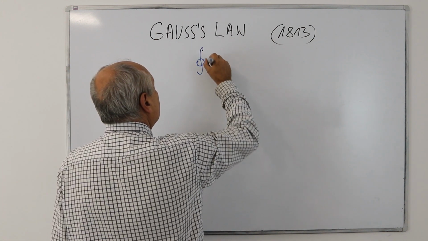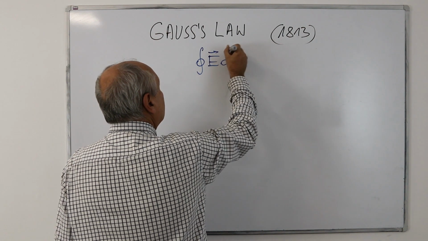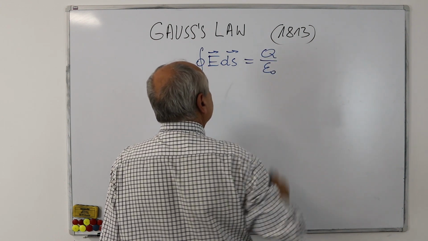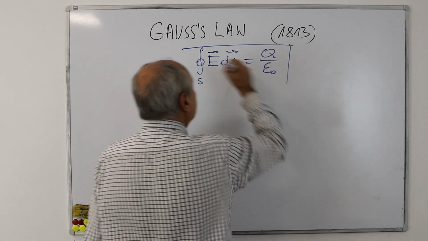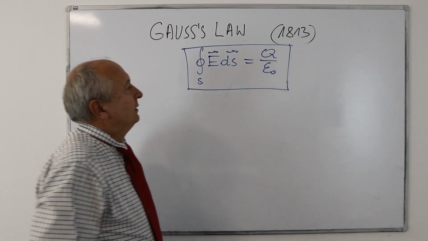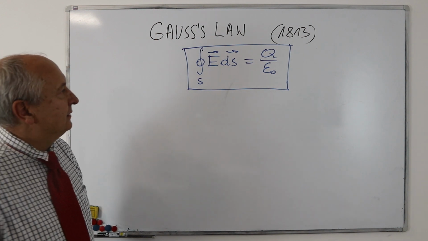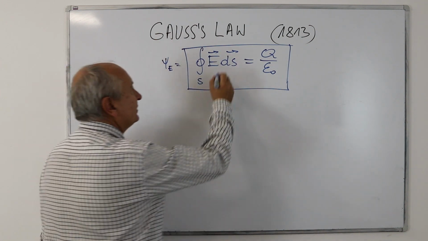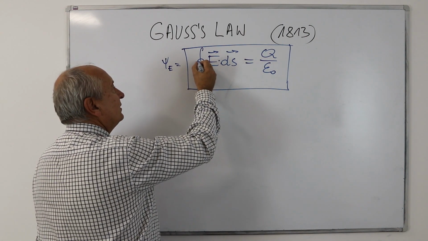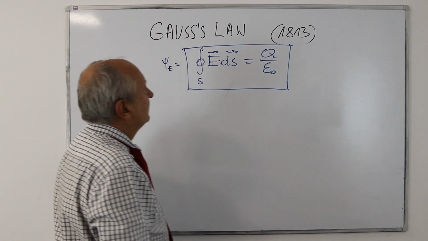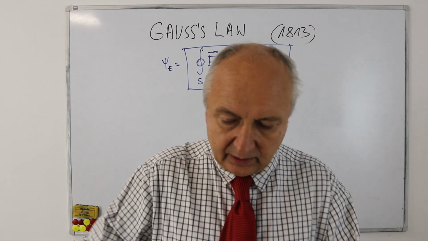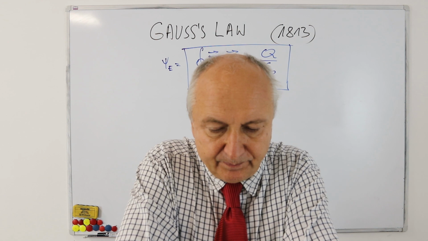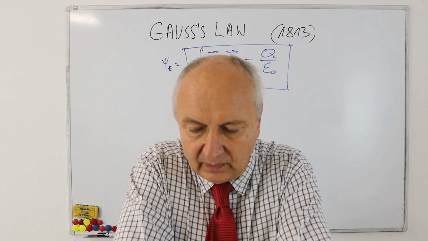In vacuum, this is the flux, because this is the flux of electric field, and this circle over the integral means that this is an integral over the closed surface.